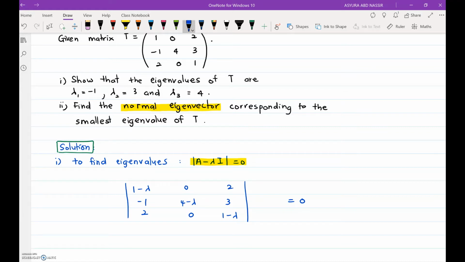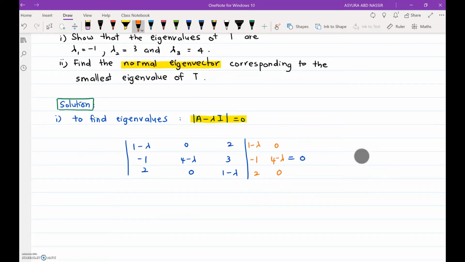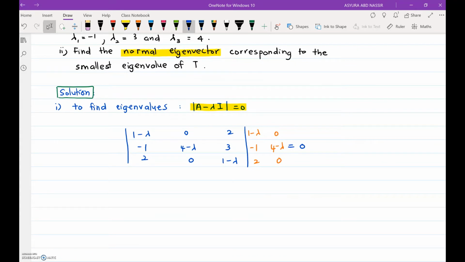To find the determinant, you can also use the Sarrus method. To use the Sarrus method, we will write the first two columns again. That means we have 1 minus lambda, negative 1, 2, 0, 4 minus lambda, and 0. Now let's solve for the determinant.